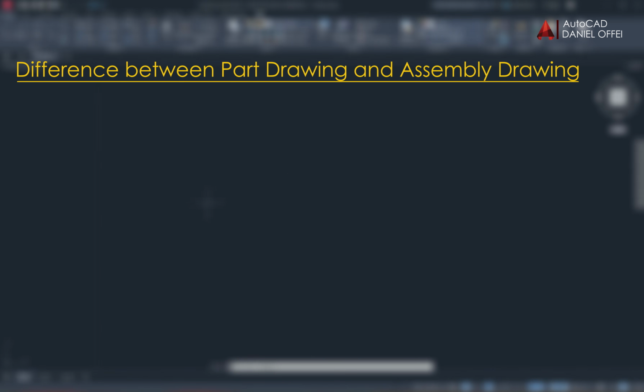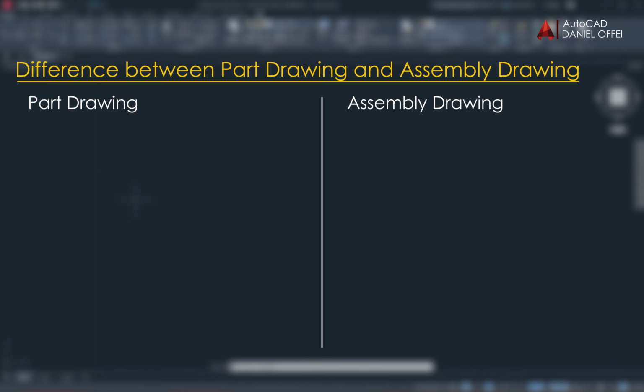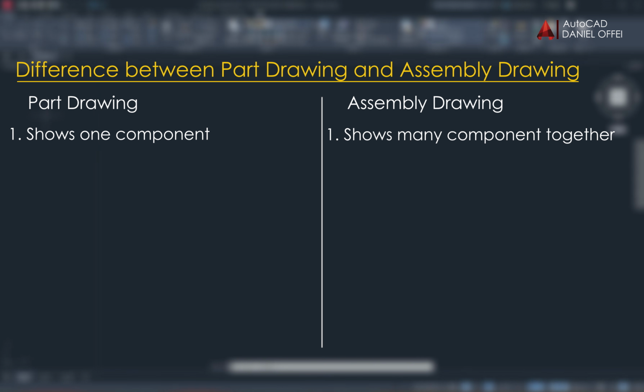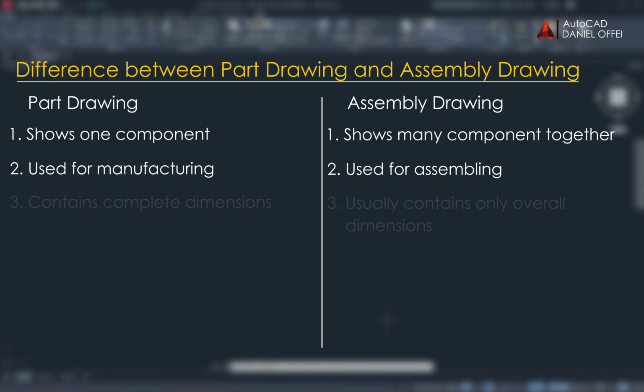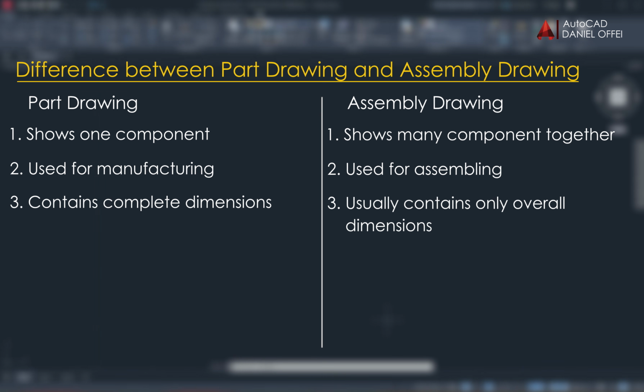Drawing one part is different from drawing an assembly. A part drawing only shows one drawing at a time, but an assembly drawing shows many components that come together. We can also say that part drawings are used for manufacturing, but assembly drawings are used to assemble the manufactured product. Then the part drawing contains complete dimensions, but an assembly drawing usually contains only overall dimensions.